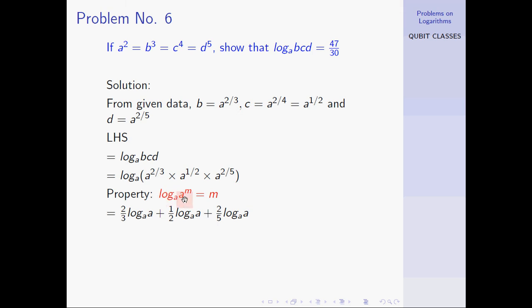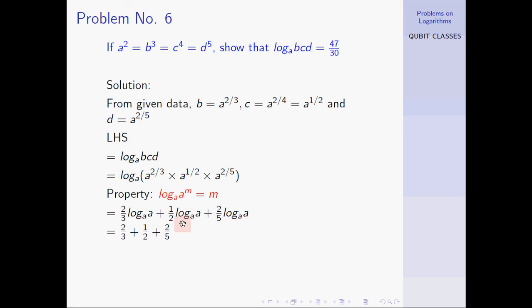Now we have actually combined two properties here. So on simplifying, I can write this as 2 by 3 into log of a to the base a, 1 upon 2 into log of a to the base a, and 2 upon 5 into log of a to the base a. Now this is equal to 1.